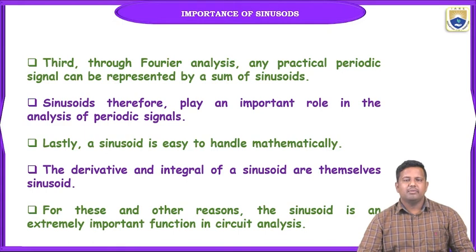So due to the involvement of the J operator, the system will become more complex. But if I take a simple resistor and calculate its impedance, it is R only. Only the real part will come into the picture. There is no imaginary part at all, no J operator at all. So where there is a J operator, the system complexity automatically increases.